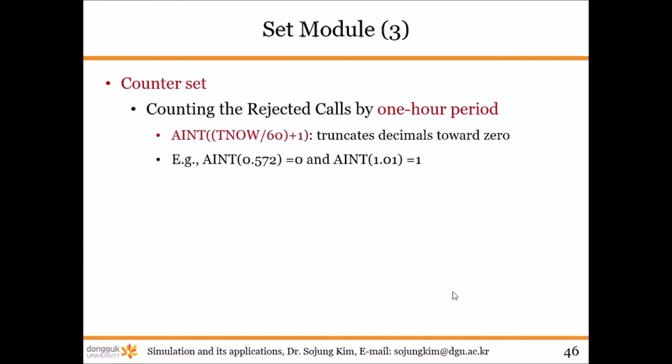Also, you can generate a counter set. In this example, we have a counter set to count the rejected calls by 1 hour period. You can use the aint internal function provided by Arena, which will truncate decimals towards 0. So aint of 0.572 will give you 0, and aint of 1.01 will give you 1, because t now can be a real number, right?